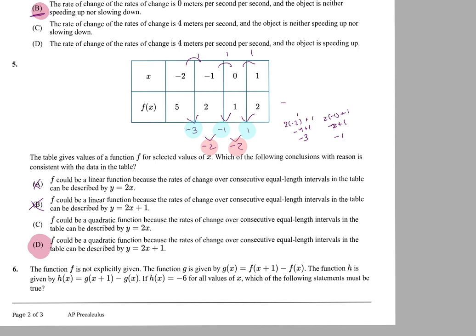And if you actually plug in these values, y equals 2x plus 1, if I took -2, which is the work over here, and I made it 2 times -2 plus 1, I got -3. 2 times -1 plus 1, I got -1. So that's how I determined that it wasn't just the 2x.